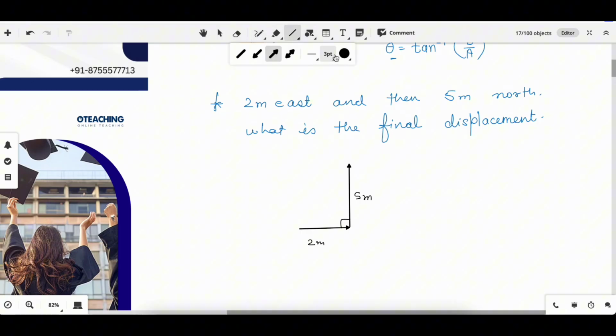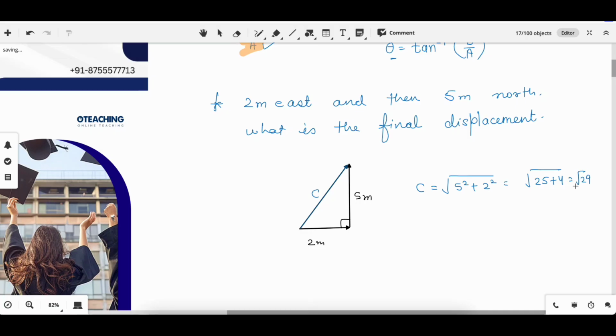What I told you earlier, that it is the hypotenuse of the triangle that will give you the resultant or the addition of the two vectors. So here it becomes the C vector, the resultant vector. So how would you calculate C? C would be the square root of 5 squared plus 2 squared, which is 25 plus 4, which gives you root 29 meters.